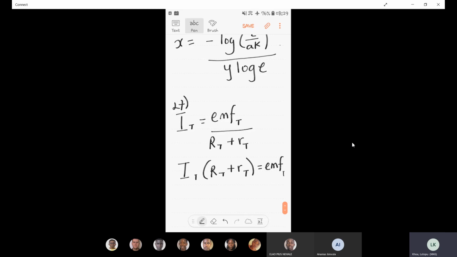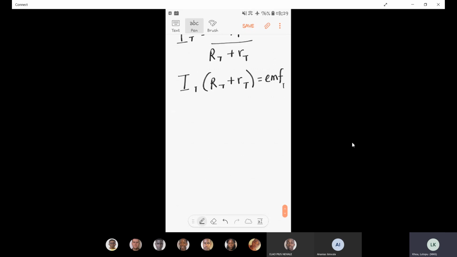Then what I will do, multiply out the brackets. So I have I t R t plus I t r t is equal to the EMF of t.